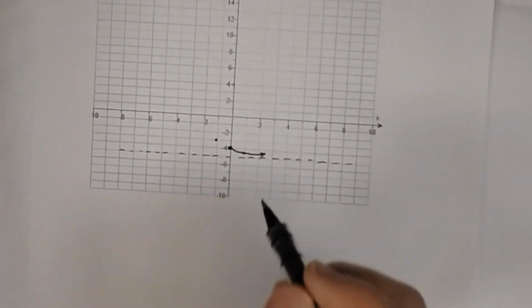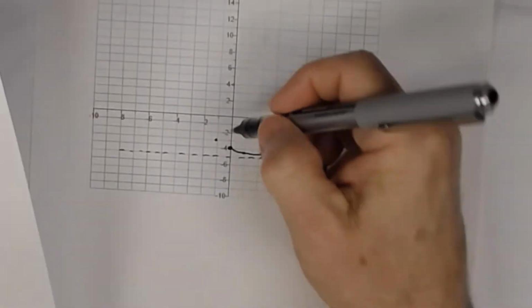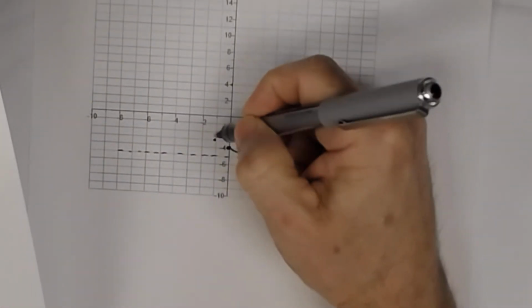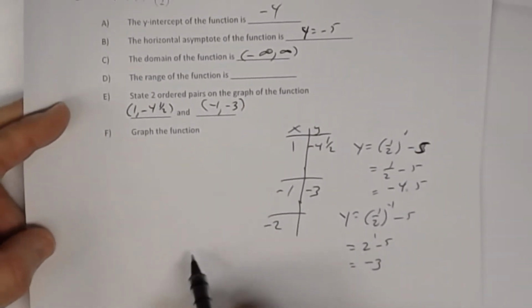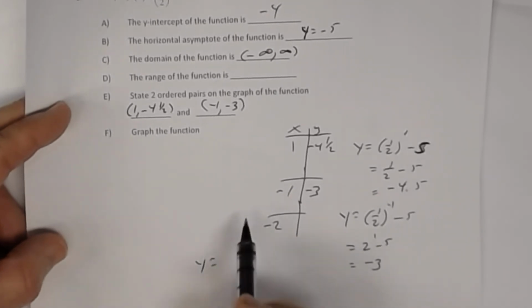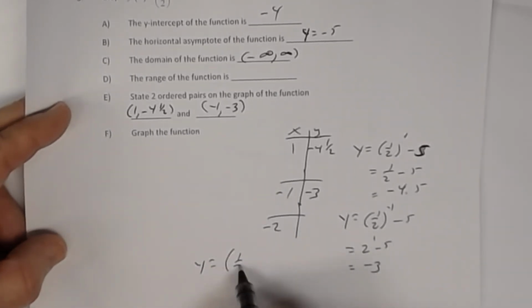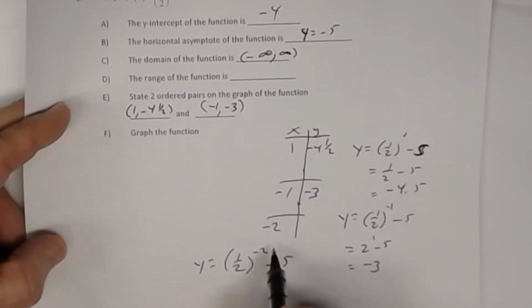And let's just do one more, although that was enough. I just want to do one more to make it look a little bit better. So if x is, let's say, negative 2, I get y equals 1/2 to the negative 2 minus 5. Well, remember, to make that exponent positive, I have to take the reciprocal of this base.